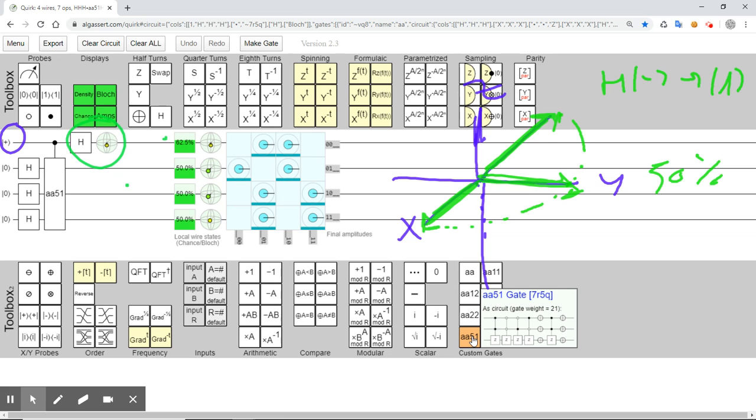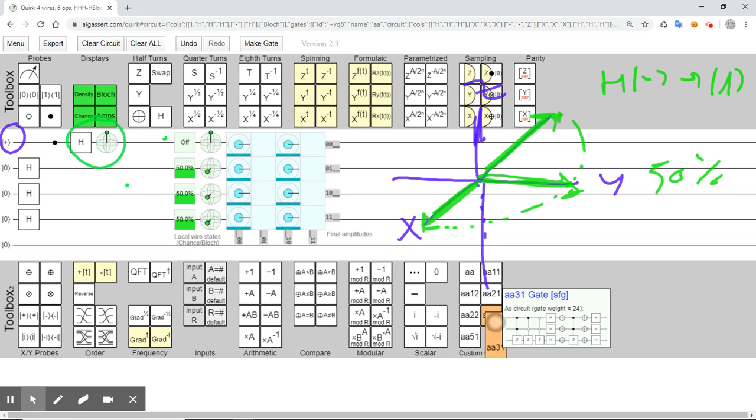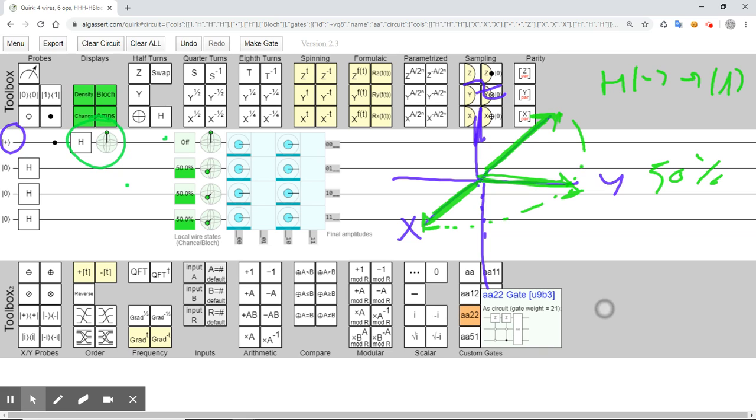No, this is wrong. So this is 3 solutions exactly.